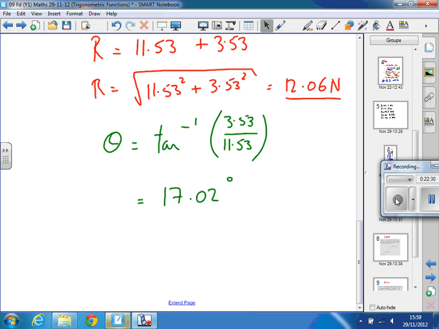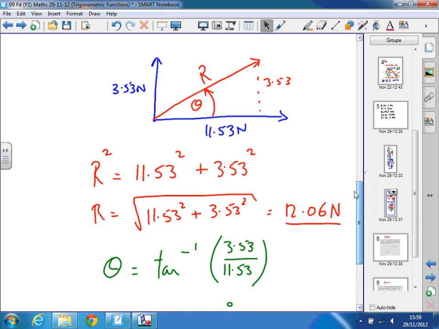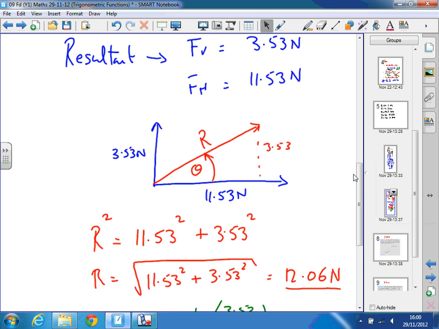Just an aside worth mentioning here, actually, on your calculator, when we come to complex numbers, we'll be converting rectangular coordinates to polar coordinates. This is, in theory, a rectangular coordinate. This position here has got an x coordinate of 11.53 and a y coordinate of 3.53.